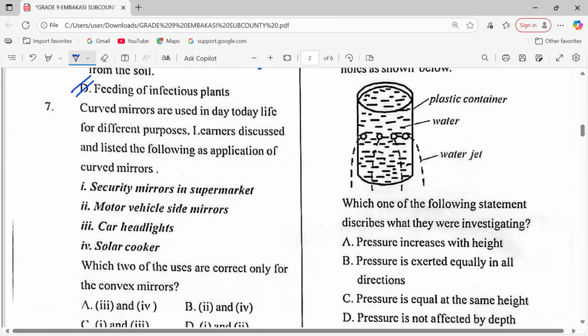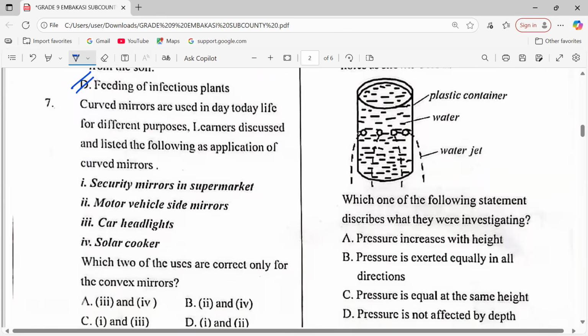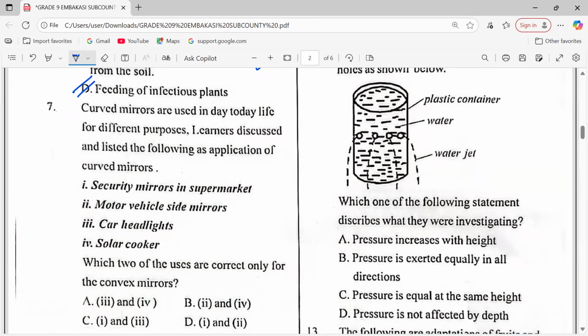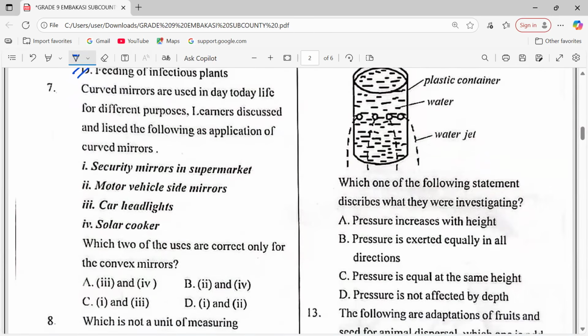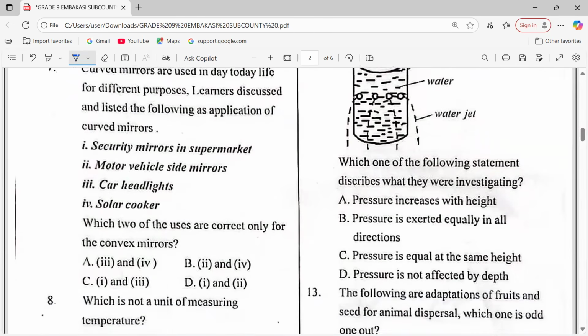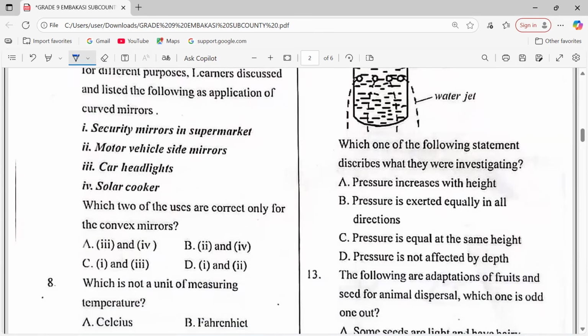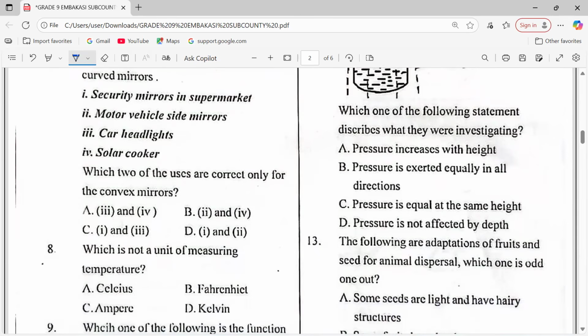Number 7. Curved mirrors are used in day-to-day life for different purposes. Learners discussed and listed the following as applications of curved mirrors: security mirrors in supermarkets, motor vehicle side mirrors, car headlights, solar cooker. Which two of the uses are correct only for convex mirrors? Remember, convex mirrors are also called diverging mirrors.